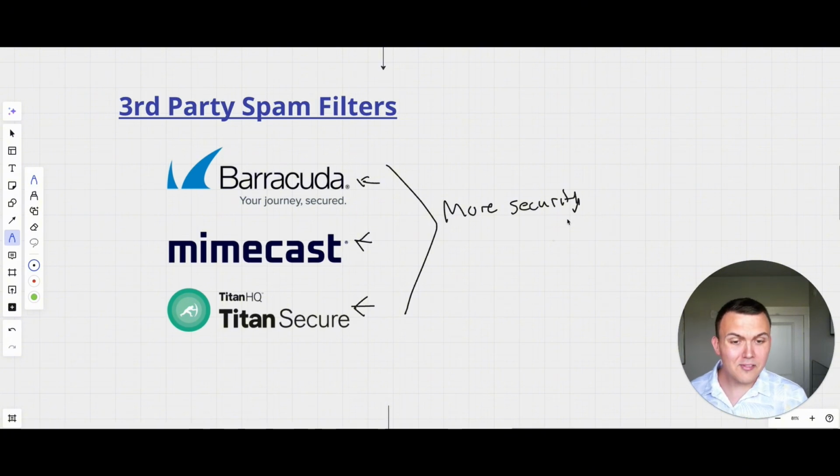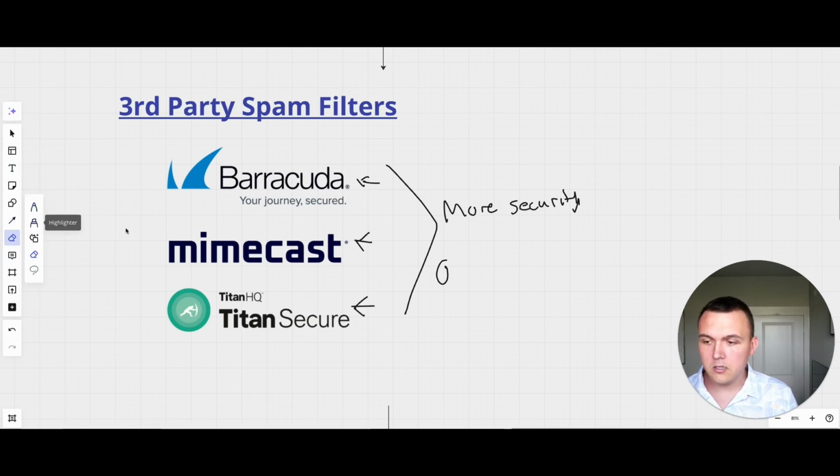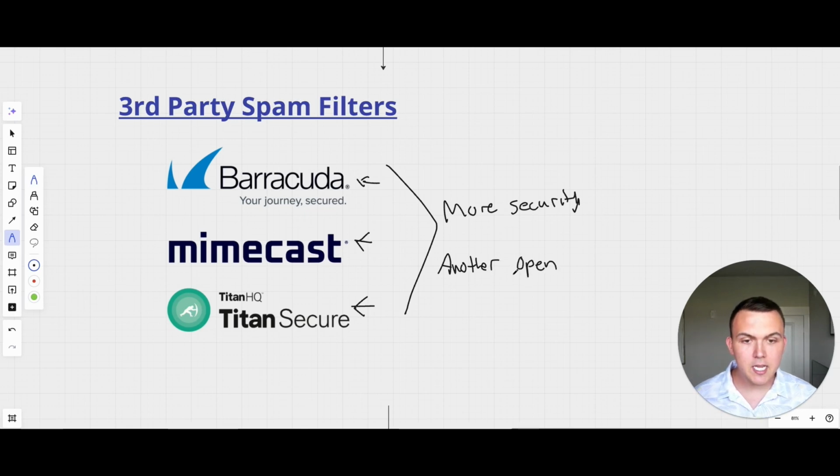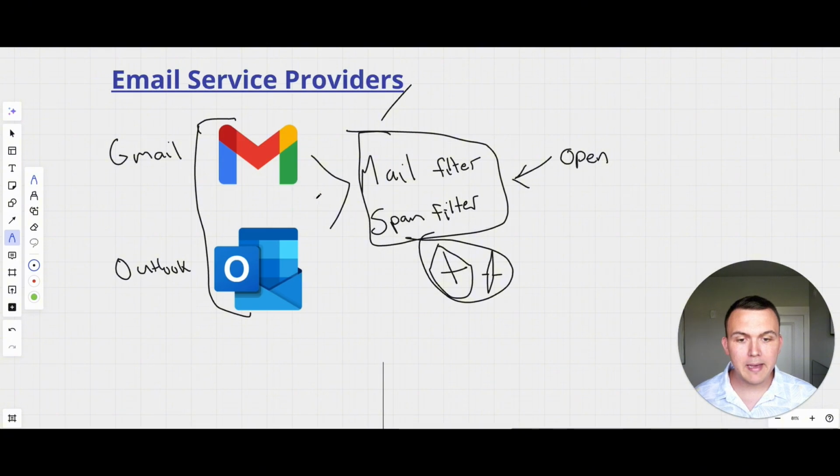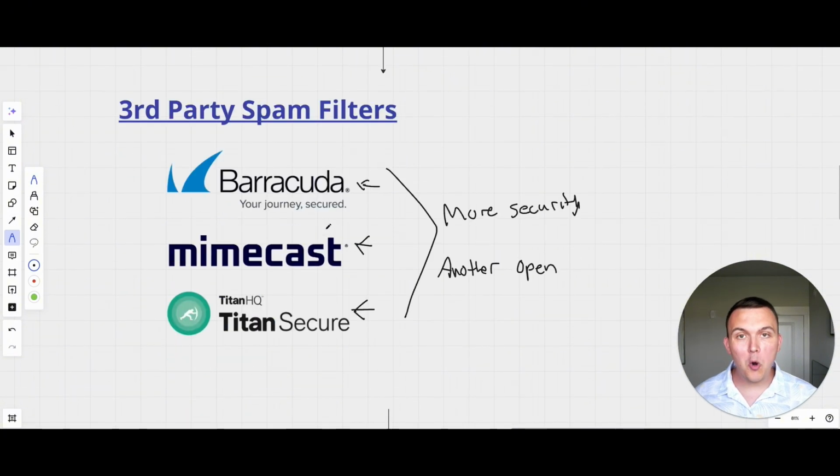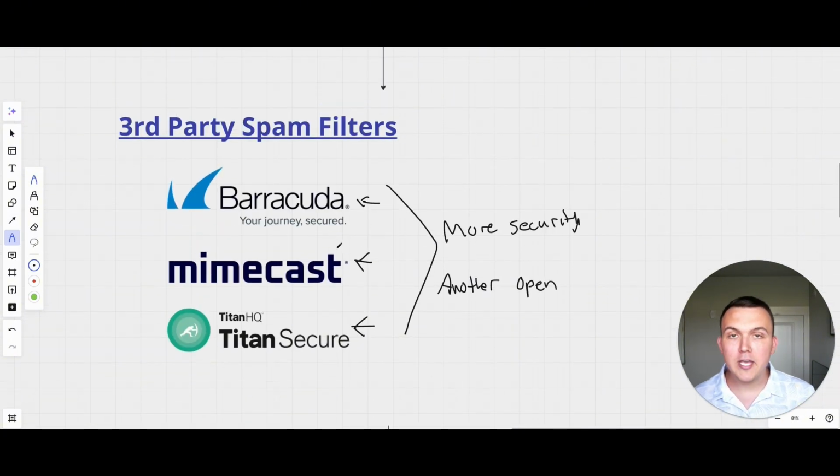So this can cause another open, which I'm about to spell wrong again. Okay, so this can literally charge another open, because just like up here with Outlook and Gmail, they also have to open up your email, your links, your images, your attachments, to make sure that it's not harmful, it's not suspicious.